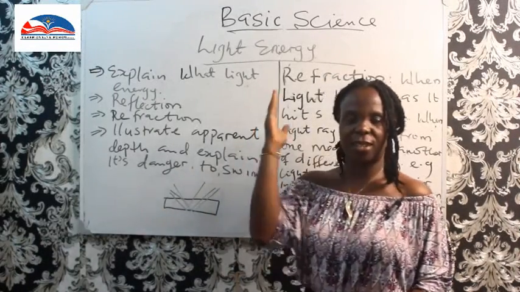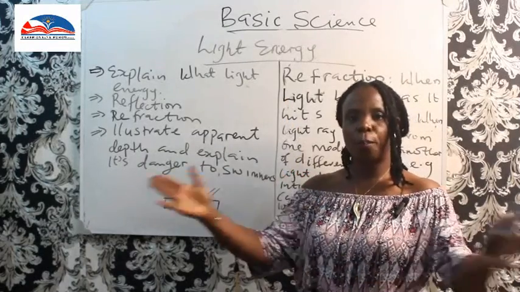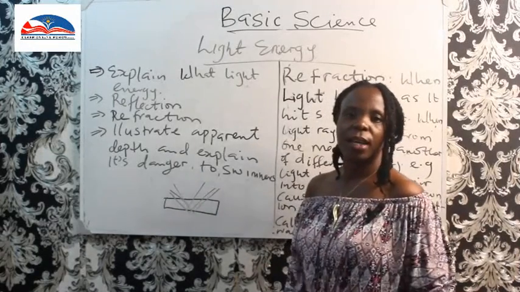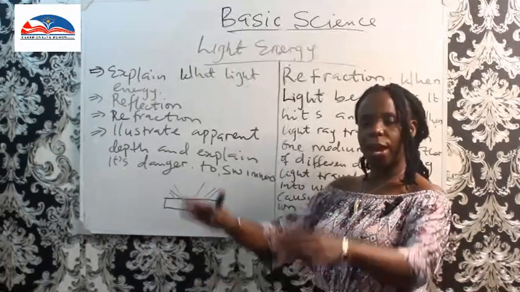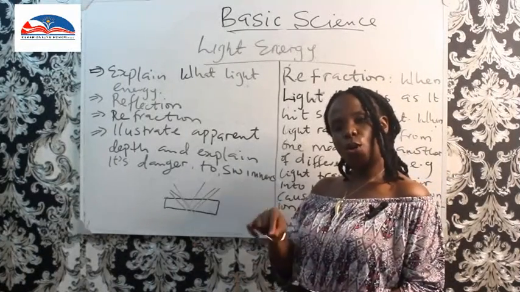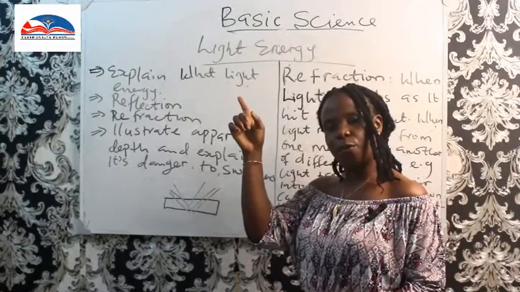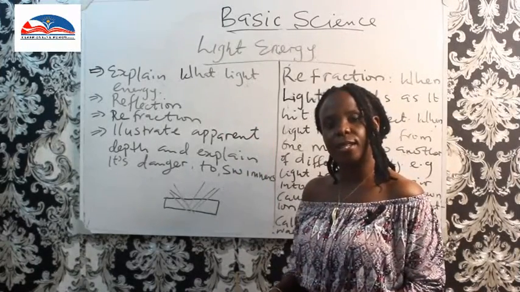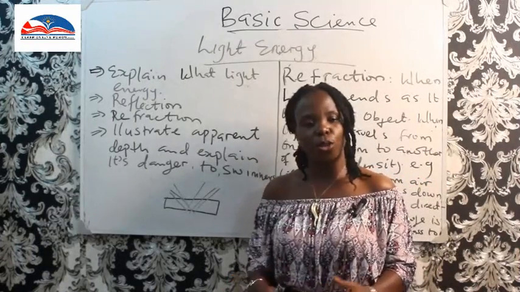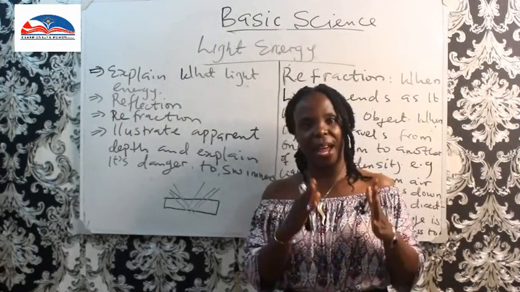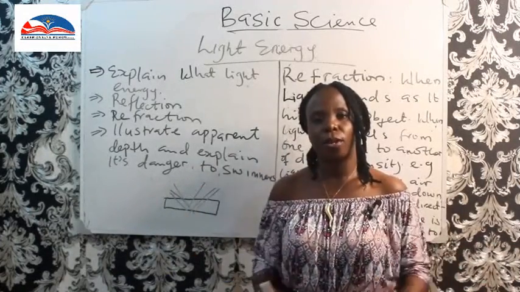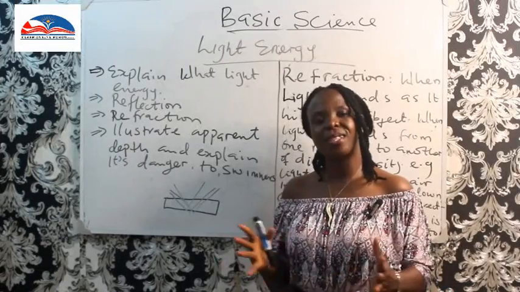It won't go straight. It's going to bend. So do this experiment. Go to a river or a swimming pool. Look at the swimming pool as the ray of light enters the water. You see that the ray of light is not going to be in one particular direct place. It's going to scatter because it bends. That is refraction.